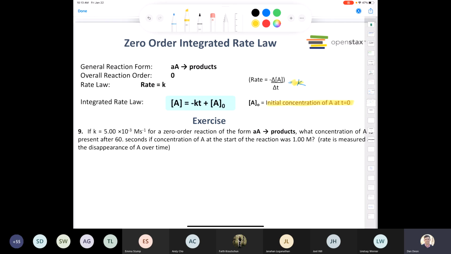It takes on the exact same form of y is equal to mx plus b, doesn't it?